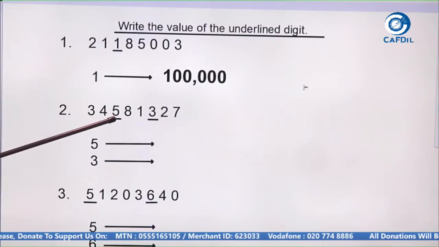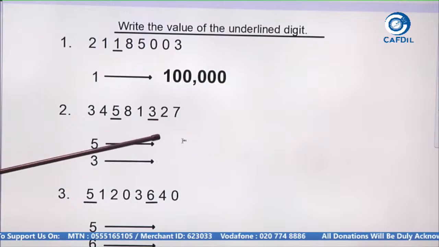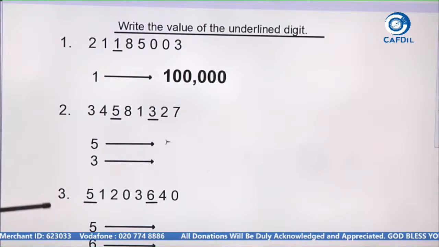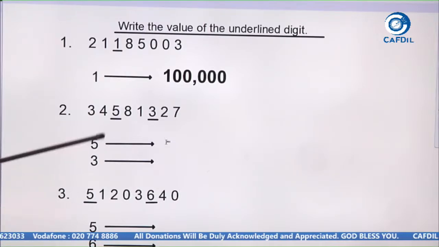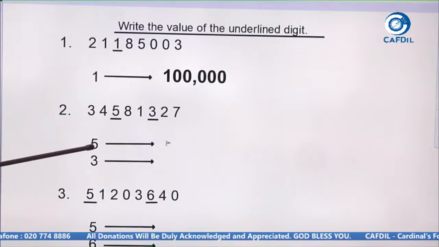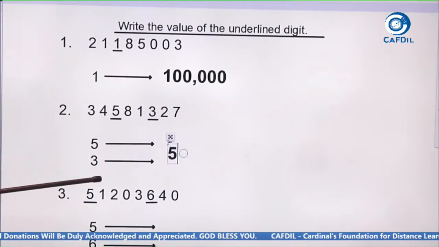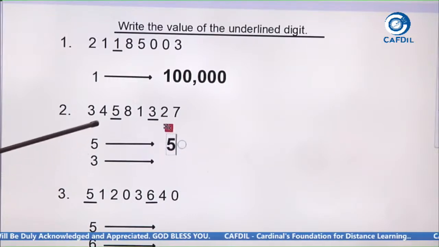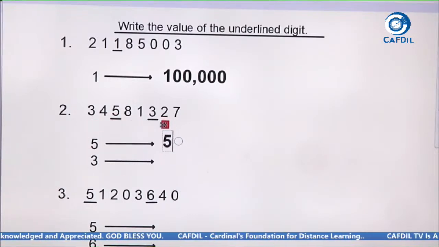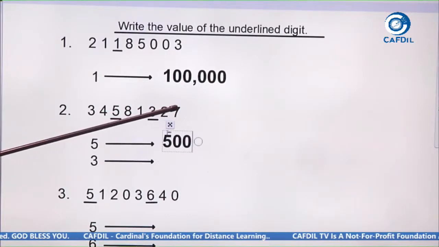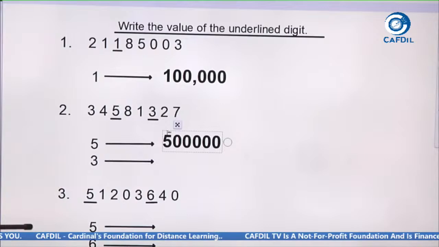We have 5 and then 3. We have underlined 5 and 3. What is the value of the 5? Underlined 5 over here. So we're going to write the 5 and assume the rest of the digits to be zeros. So how many zeros? 1, 2, 3, 4, 5. 5 zeros.